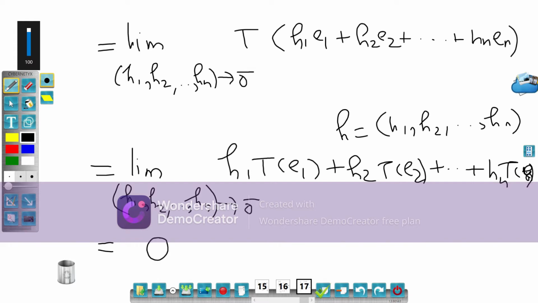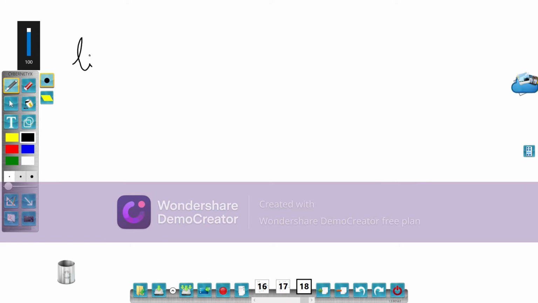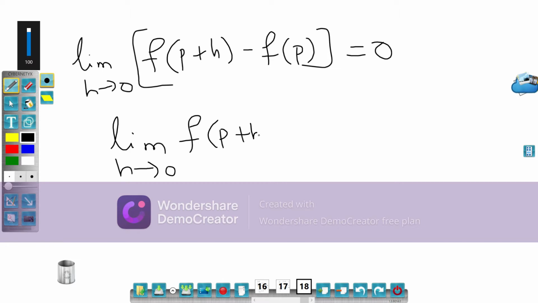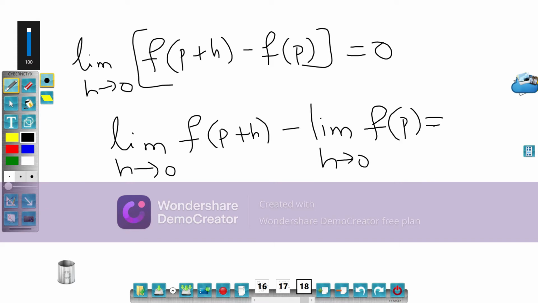So ultimately what I got is as follows: the limit as h goes to 0 of f(p+h) - f(p) is equal to 0. This would imply that the limit as h goes to 0 of f(p+h) minus the limit as h goes to 0 of f(p) is equal to 0.